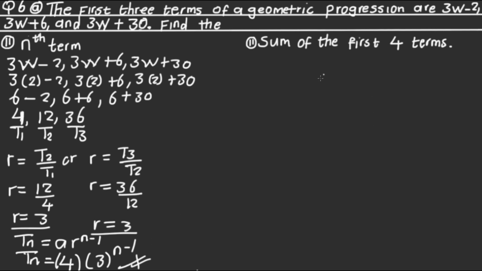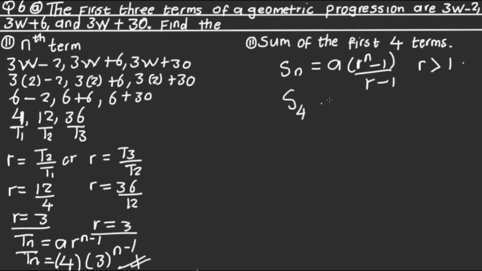Then the sum of the first 4 terms will be the sum of n is equal to a, open brackets, r to the power n minus 1 over r minus 1 when r is greater than 1. So the sum of 4 is equal to, so 4 is 4 terms. Then a is the first number, which is still 4. r is 3 raised to the power 4 minus 1 over 3 minus 1.